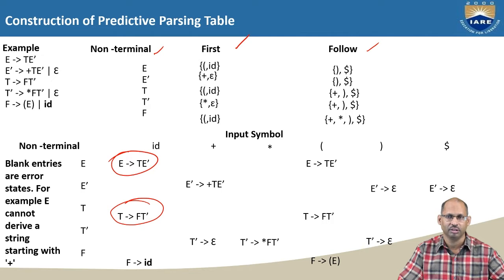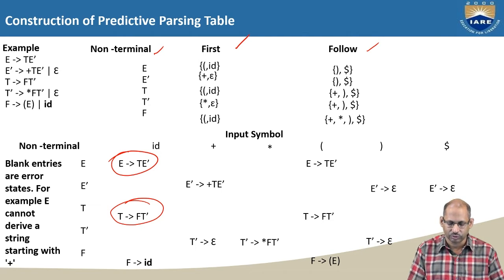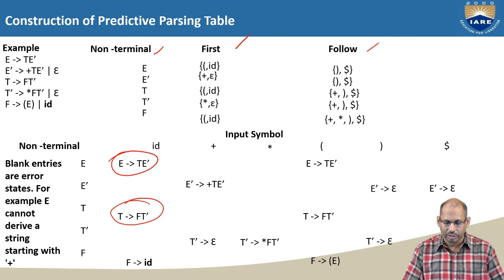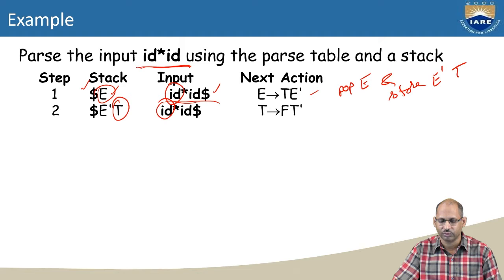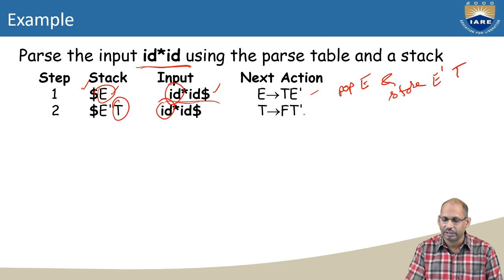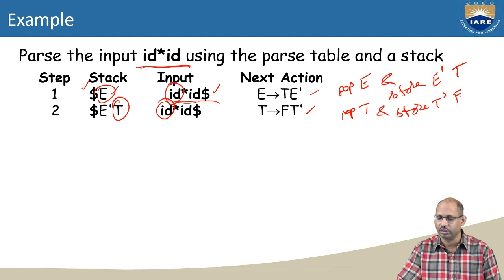Right? Here T gives FT dash. So pop T and store T dash F. Right?